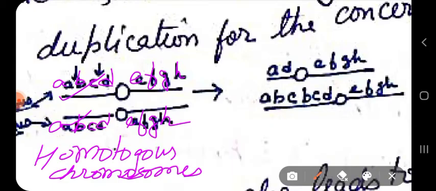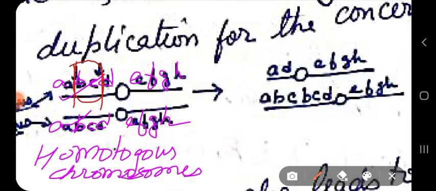Here the breakage occurs between B and C of one of the chromosomes from the homologous pair. As a result, this broken piece will reunite again with its homologous chromosome, this BC segment.